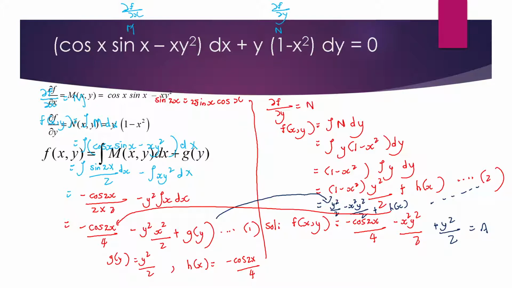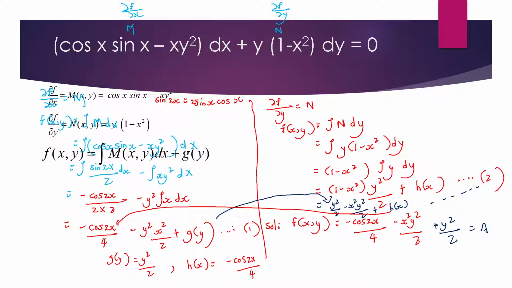That's why if you start from equation 1, your f(x,y) is negative cos 2x over 4 minus x squared y squared over 2, and g(y) is here. If you start from equation 2, you have these two terms, and h(x) is a function of x. You look at equation 1 for only the x term. This is an x and y term, so it's not. Is it clear? I see. Thank you, doctor.